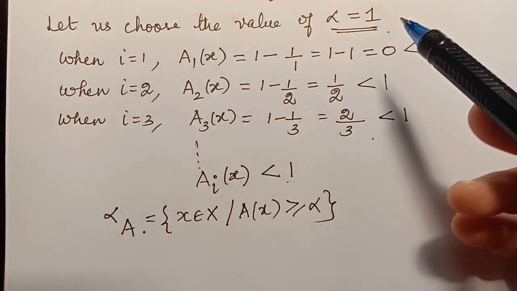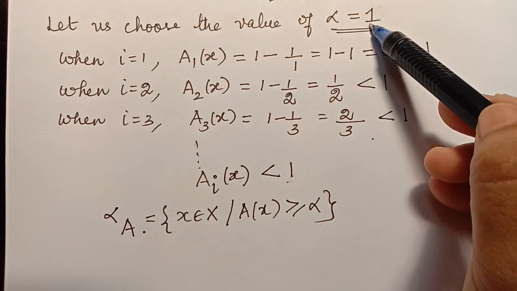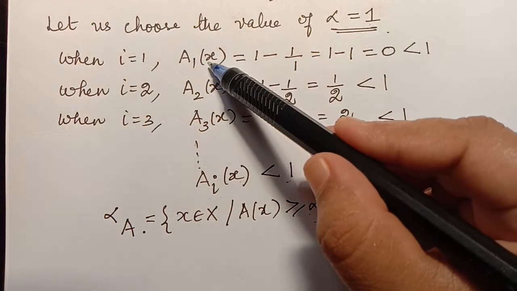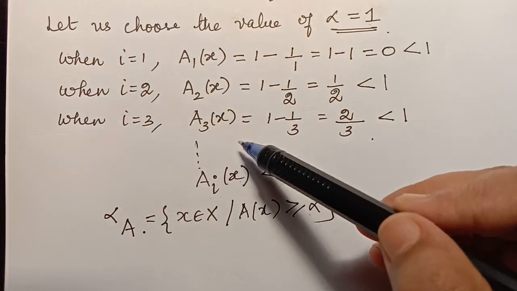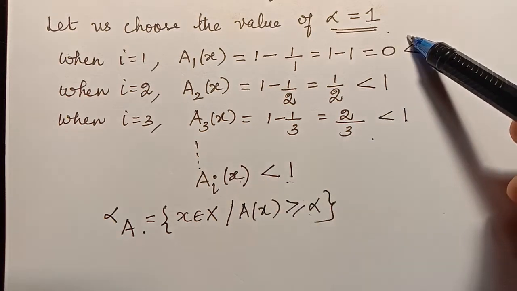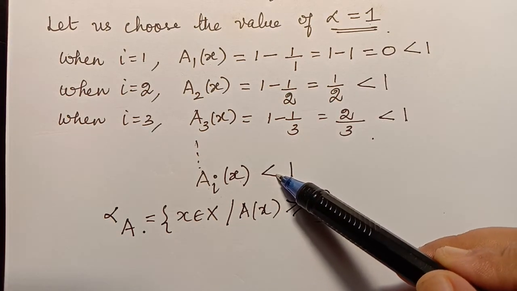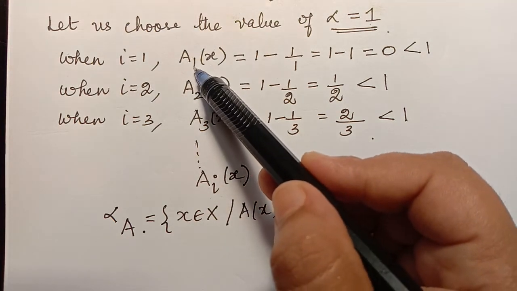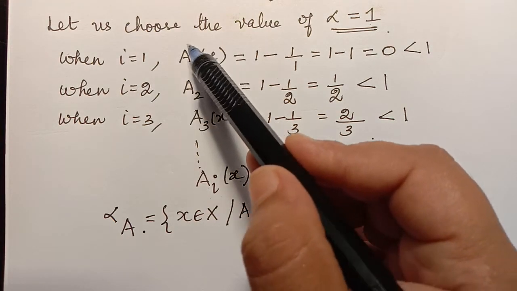Now here we have chosen alpha to be equal to 1, and so it should be greater than or equal to 1. But if we observe A1 of x, A2 of x, A3 of x, and in general AI of x, all are lesser than 1. So the alpha cut of the fuzzy set A1 for alpha equal to 1 is a null set.